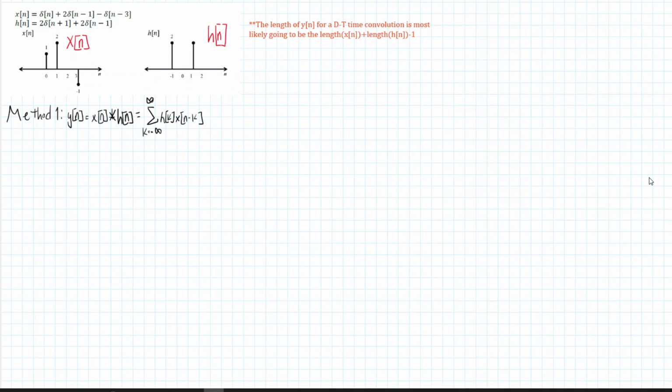First, I'm going to make a note here that the length of the signal y of n for a DT convolution is most likely going to be the length of x of n plus the length of h of n minus 1. The length of x of n is going to be equal to, we have 0, 1, 2, 3, so that's 4.